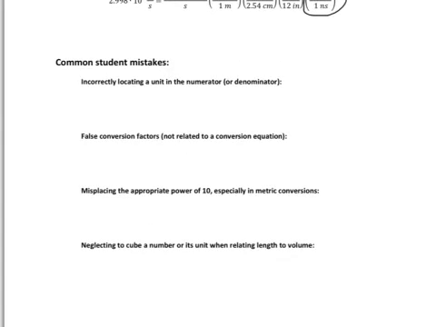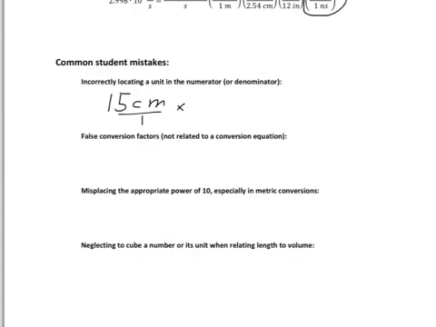And finally, I'll end by talking about some common student mistakes in applying this method. The first is incorrectly locating a unit. So, for instance, going back to my original problem, 15 centimeters, and I want to convert that to inches.